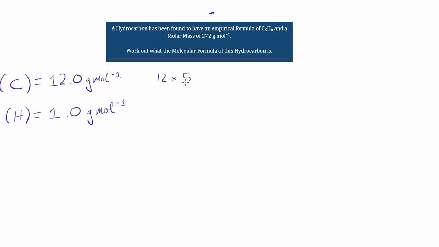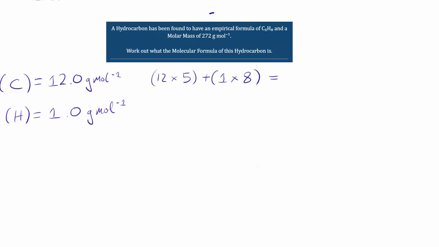So 12 times 5, and then add the hydrogen component, 1 multiplied by 8, right? So if you have a go, work out what you get for that, and then we'll go from there, right?